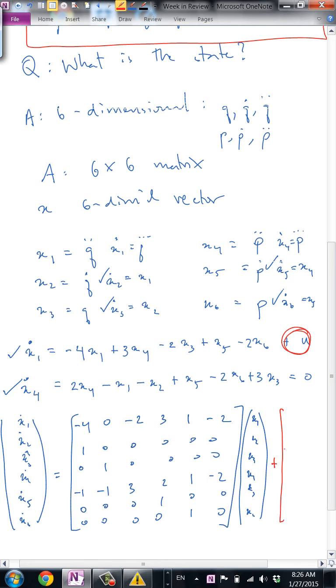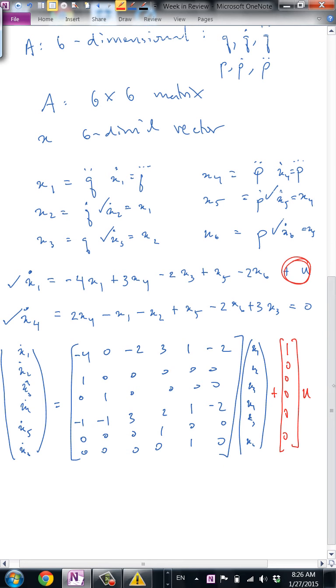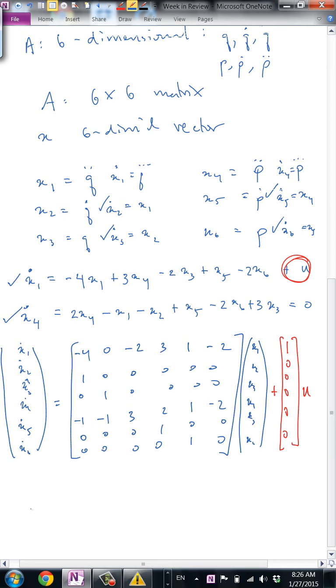So we have 1, 0, 0, 0, 0, 0 times u, which means finally that we've got our representation x dot is equal to ax plus bu. So this is our a, and this is our b, and you're going to get some practice with this on the problem set which is posted.